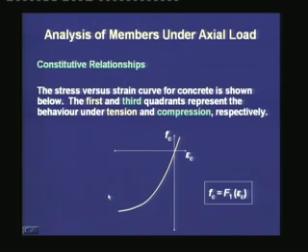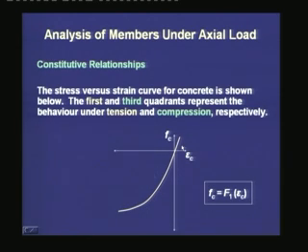The third quadrant, which is the lower left quadrant, represents the behavior under compression, where the behavior is of a parabolic form, and we have seen the expression of Hognestad's equation for normal strength concrete and the expression by Thorenfeldt, Tomaszewicz and Jensen for high strength concrete, and we can use that expression to get the functional form relating Fc and epsilon c.